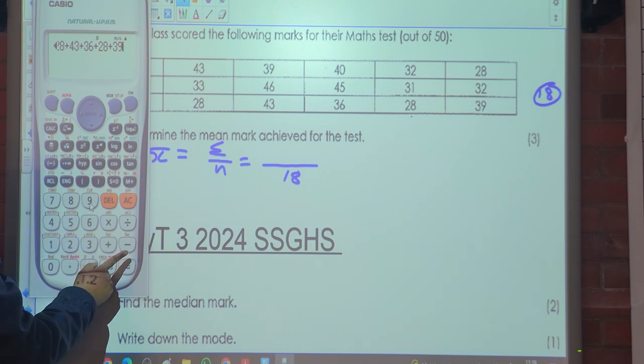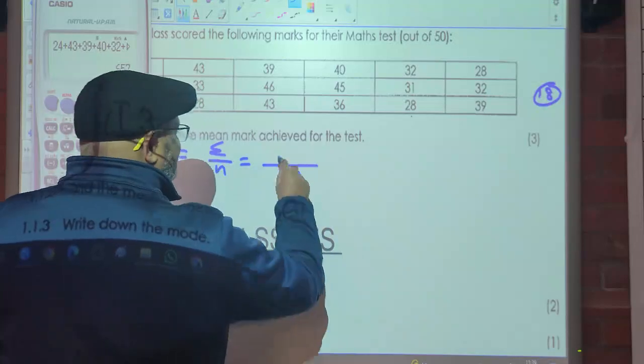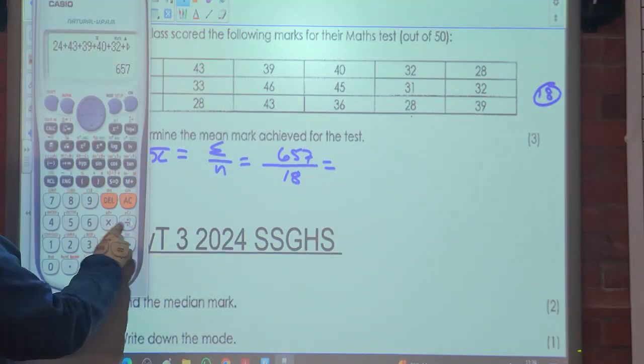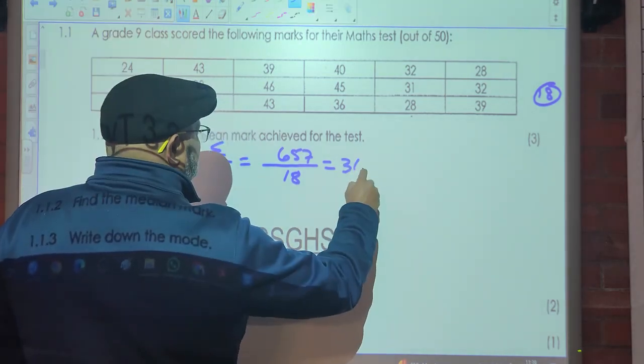That's it. The sum is 657. If I divide that by 18, I get an answer of 36.5. You all agree with that?